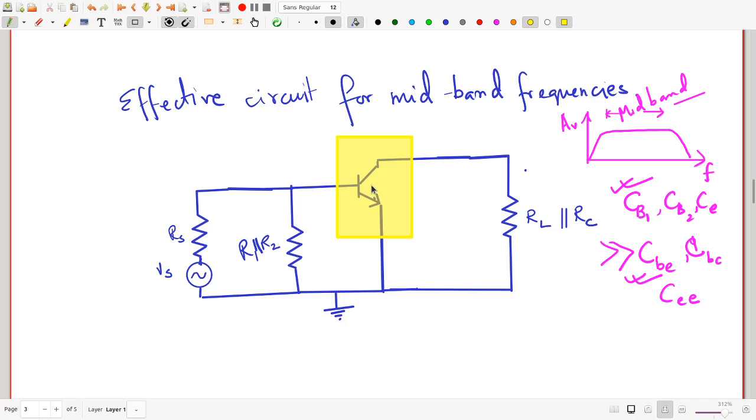If you do not remember the H parameter equivalent circuit, I would definitely advise you to go back and take a look at the video in which we discuss that. We are going to use the H parameter or the hybrid parameters equivalent circuit to describe a transistor. Why? Well, I will explain that later. Why the H parameter and not the Z or the Y?